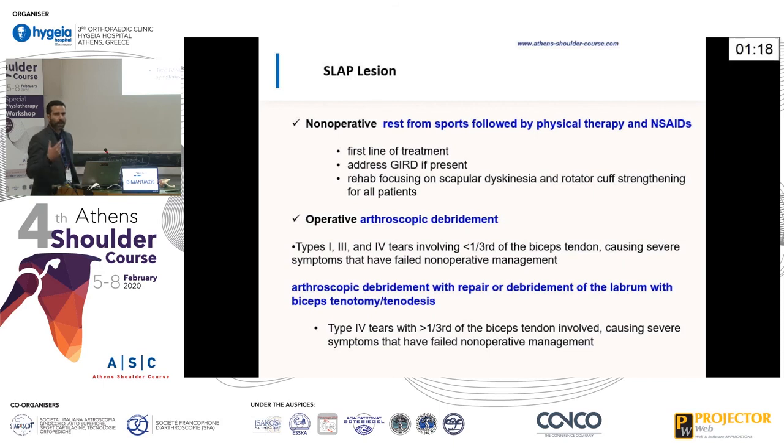We don't try to fix the labrum anymore; we just try to make the patient not feel pain. And this happens by placing the long head of biceps tendon more distally, at the entrance of the groove or even distally.